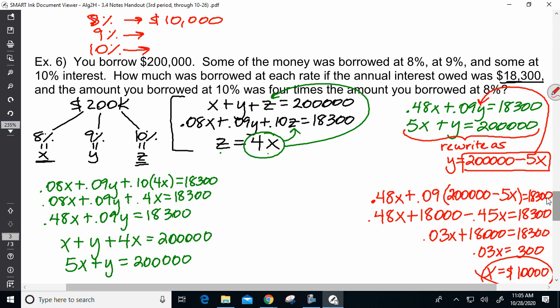So since that's 10,000, z is equal to 4x. That's 4 times 10,000. That's 40,000. z represents 10%. So 40,000 went into the 10% account.